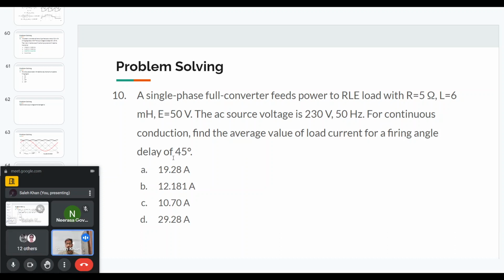So we are given the firing angle delay, and we know the circuit. Using the circuit, we can find out the average output voltage. Then the average output voltage minus this E voltage, divided by resistance, will give us the average load current.